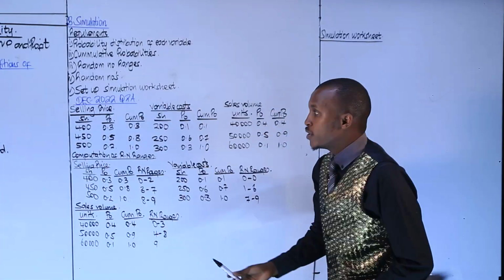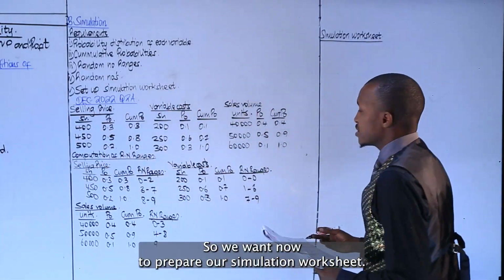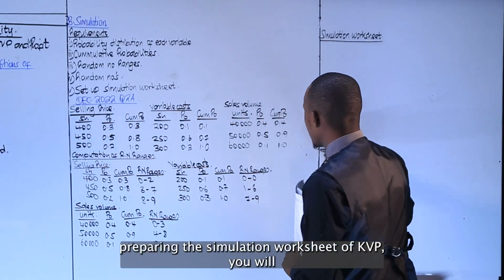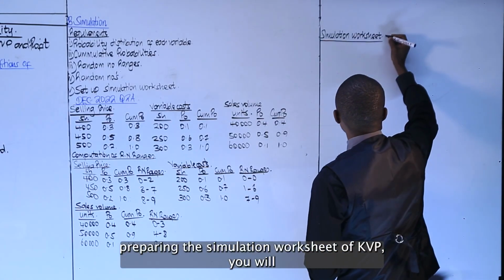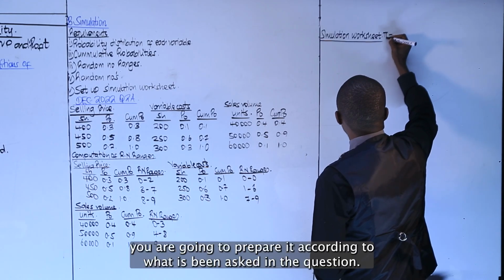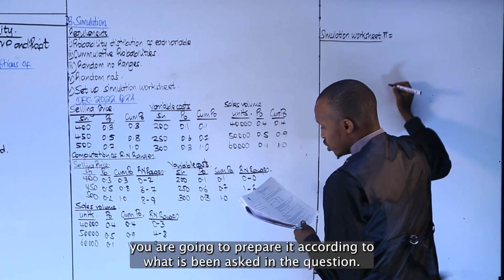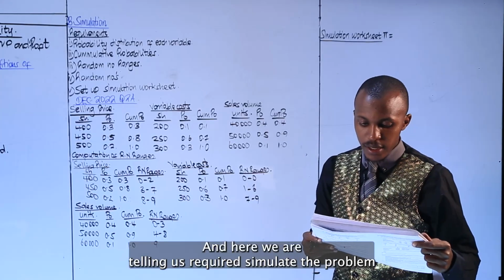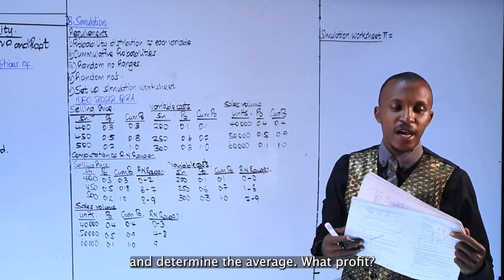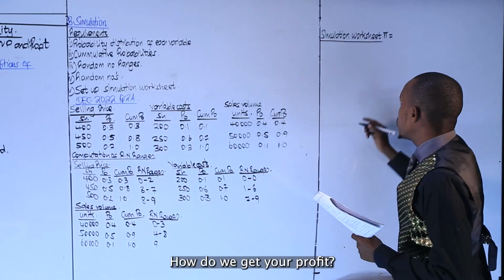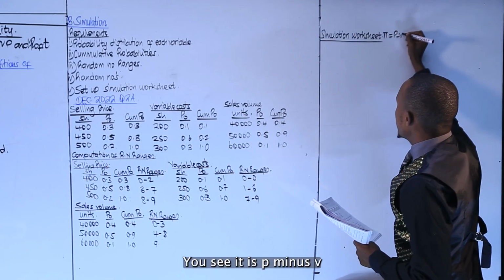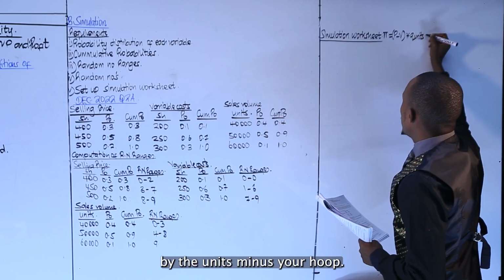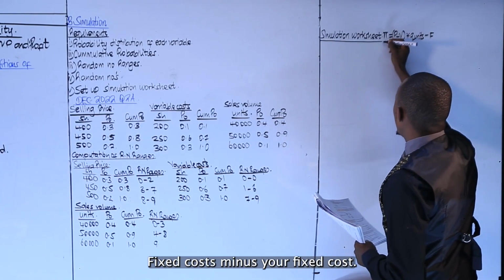When you're preparing this simulation worksheet of CVP, you prepare it according to what is being asked in the question. Here they are telling us required: simulate the problem and determine the average profits. How do we get your profits? It is P minus V times the units, minus your fixed costs.